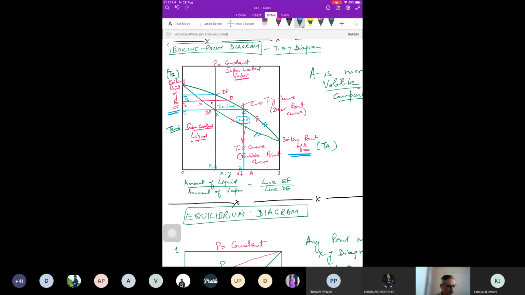Take the liquid x and suppose I increase the temperature of this liquid. So at this point, the first bubble will start forming, right? At point B. This curve is the bubble point curve. So at this point, the first vapor bubble will start appearing.